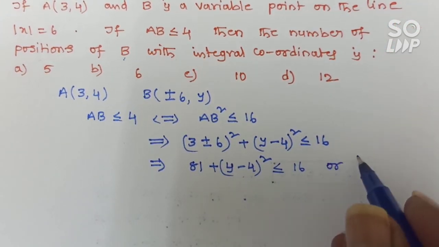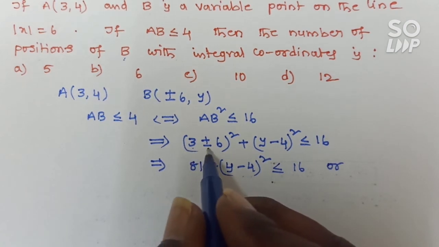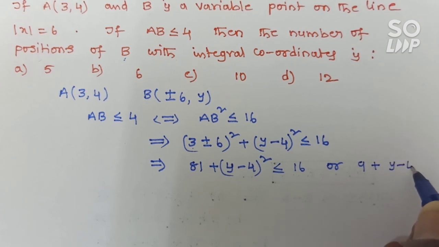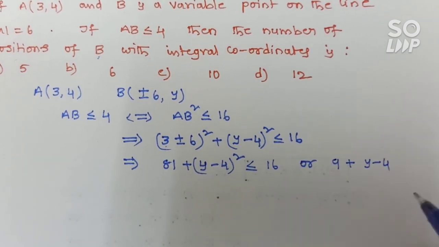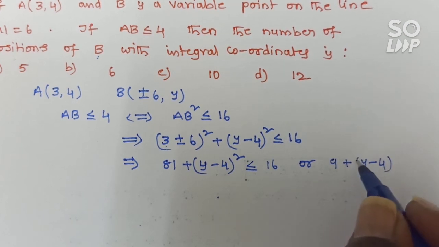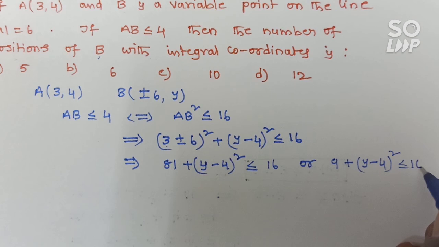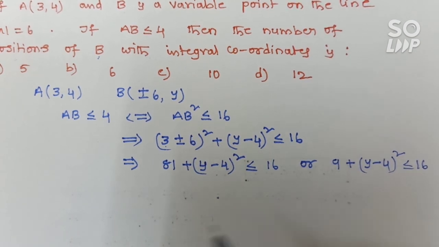Or another one is, 3 minus 6 whole square is 9, plus (y minus 4) whole square is less than or equal to 16.